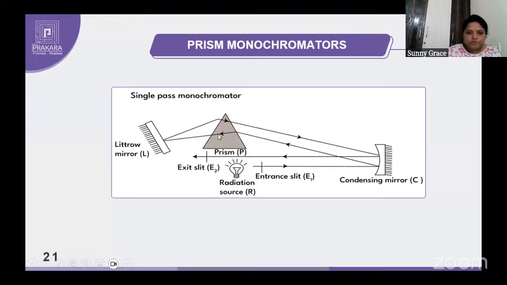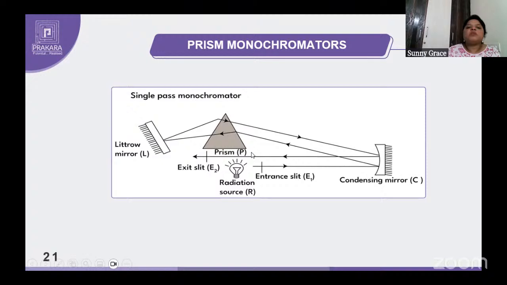The prism is where dispersion takes place, and then from the Littrow mirror it gets reflected back. Only the selected wavelength, the desired frequency, comes out of the exit slit. This is a single pass monochromator, where the radiation passes through the prism only once.